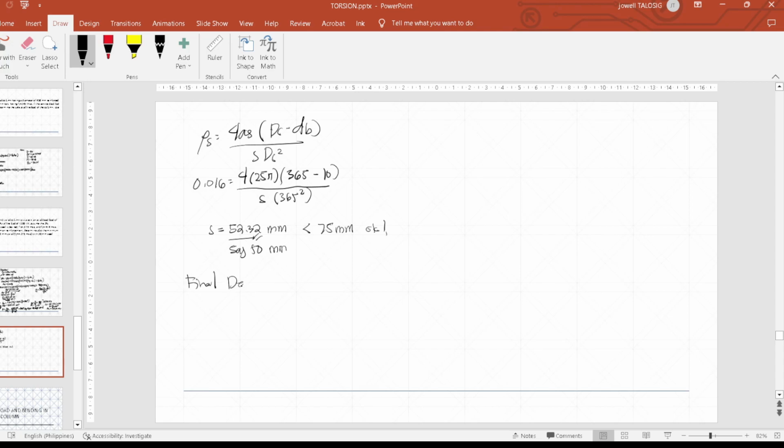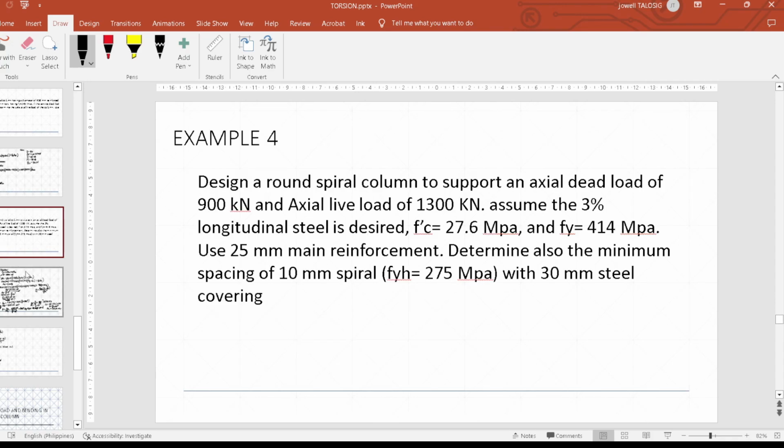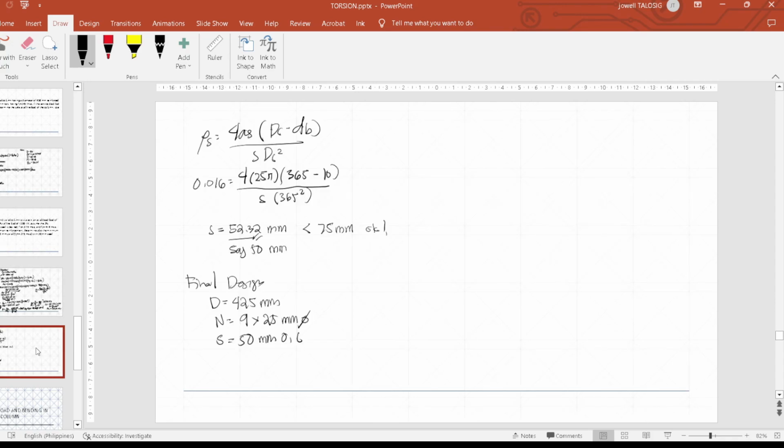So making our spacing okay. And for the final design of our column, the diameter of our concrete column is 425, and we need to reinforce our column with 9 25 mm bars and with the spacing of 50 mm OC. Okay, with the pitch. Okay, so this is our final answer. Thank you very much.